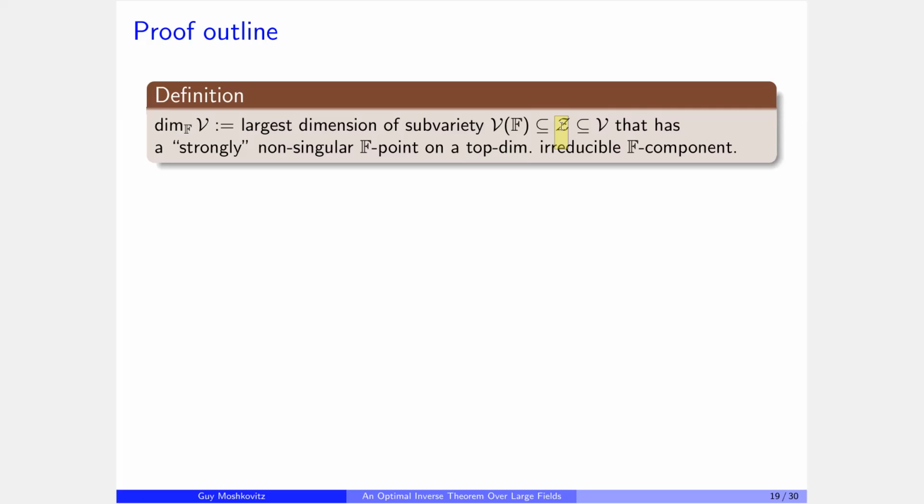Let me say something else. If F is an algebraically closed field, then really this definition is not interesting at all. This is just the usual notion of dimension.